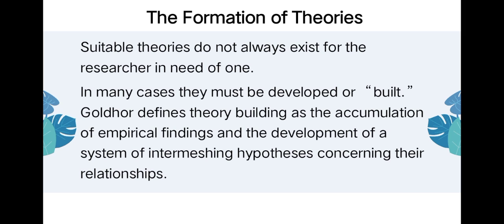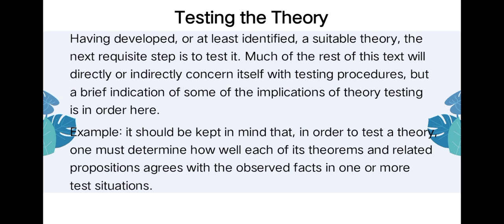Suitable theories do not always exist for the researcher in need of one. In many cases, they must be developed or built. Goldhorn defines theory building as the accumulation of empirical findings and the development of a system of intermeshing hypotheses concerning their relationships.